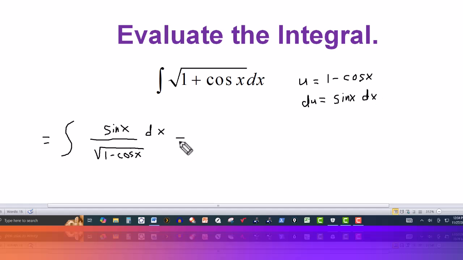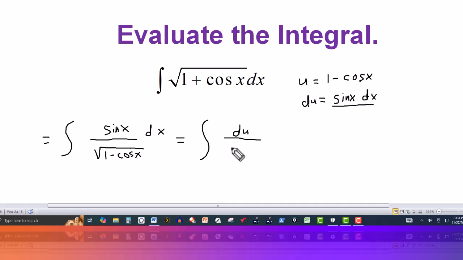I'll come back over here then. I want to transform this to an integral involving the variable u. Notice in the numerator I have sine x times dx, that's du. Then in the denominator, I have the square root of 1 minus cosine of x, so that's my u.